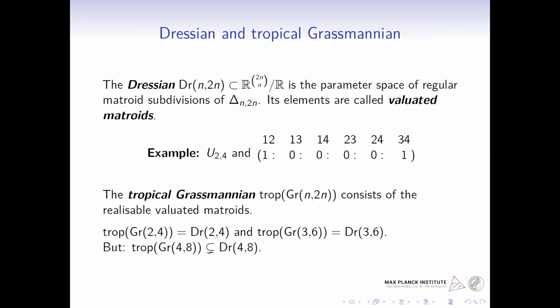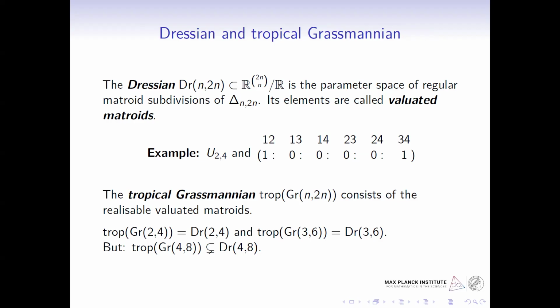The tropical Grassmannian 3,6 and the Dressian 3,6 coincide. But for 4,8, which will be in our setting, right, n,2n, this is the step. This is no longer true, and it's already not true for 3,7, but this is not a self-dual case, so we don't consider it. And this inclusion is strict in general for higher n as well.